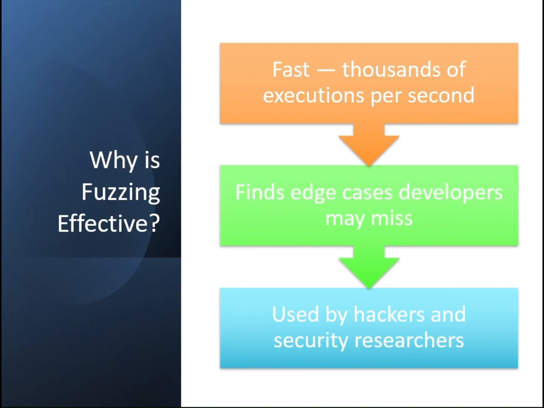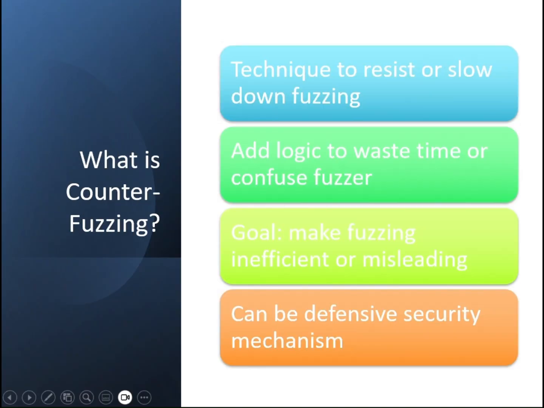This way, fuzzers can explore deep and complex bugs that traditional testing or manual code reviews might miss. Over time, a fuzzer can accumulate a wide variety of test cases that covers many execution paths, including one leading to a potential vulnerability.